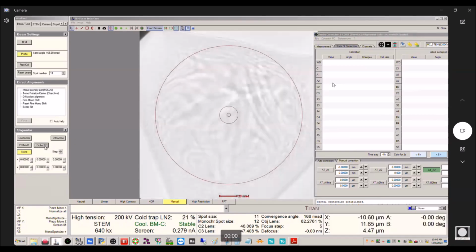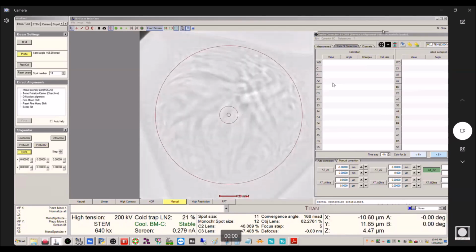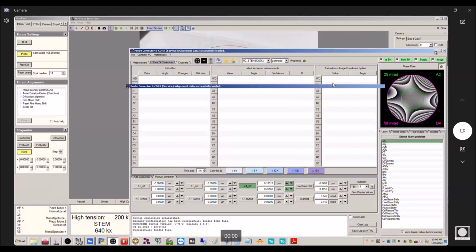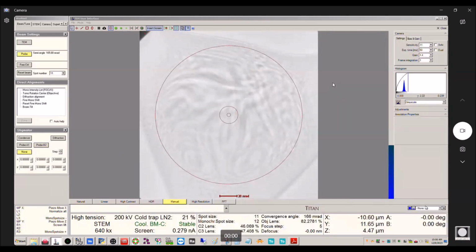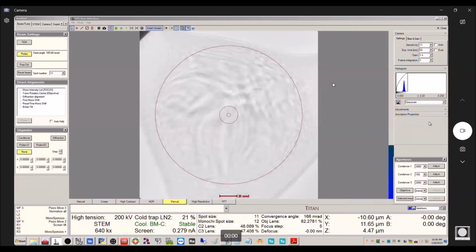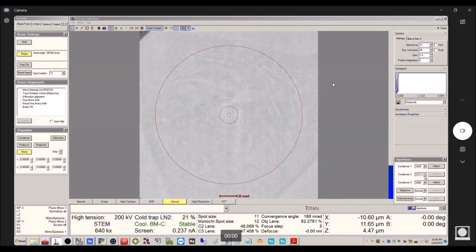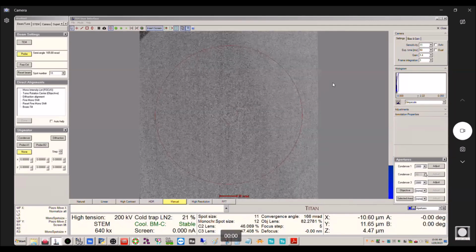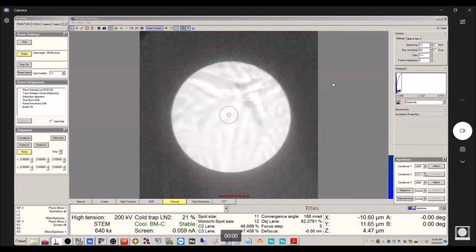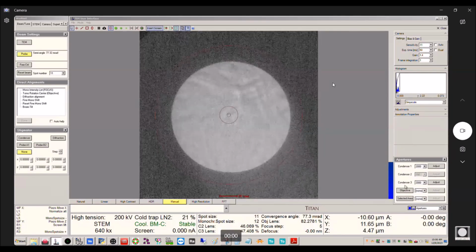Might also want to go back and check the beam tilt again. So let's go ahead here. Apertures. Whoops, that one doesn't matter. That one out of the way, sorry.